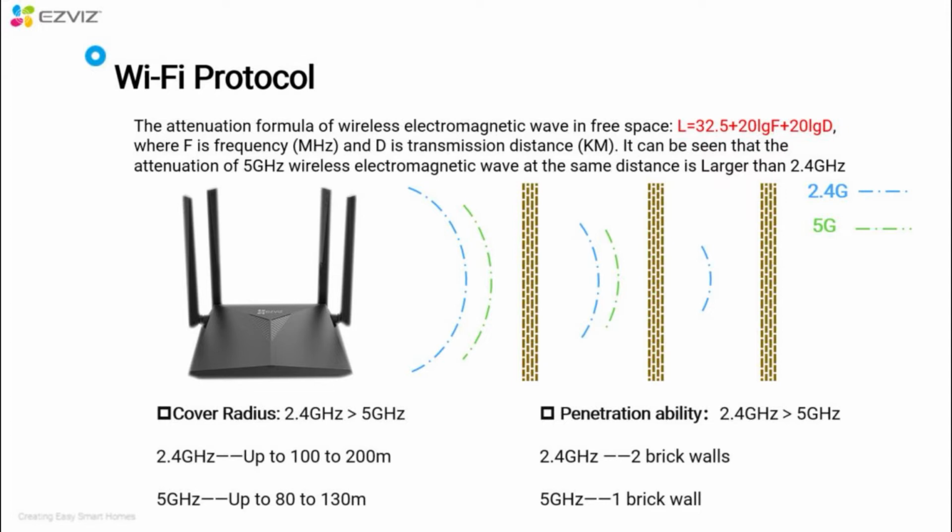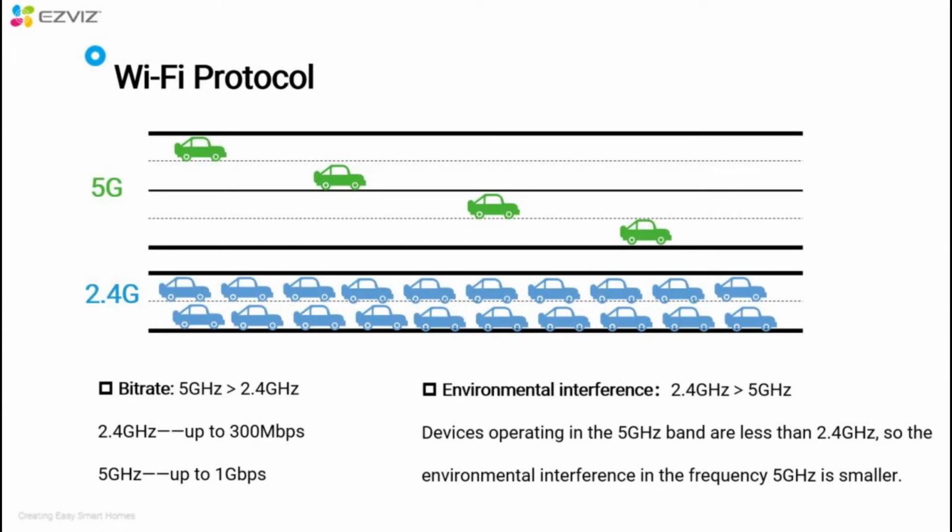And about the penetration ability, the 2.4 GHz performance is better than the 5 GHz because 2.4 GHz can go through about 2 brick walls, while the 5 GHz can only go through 1 brick wall. As for the bitrate, the 2.4 GHz is up to 300 megabytes per second, while the 5 GHz is up to 1 gigabyte per second.